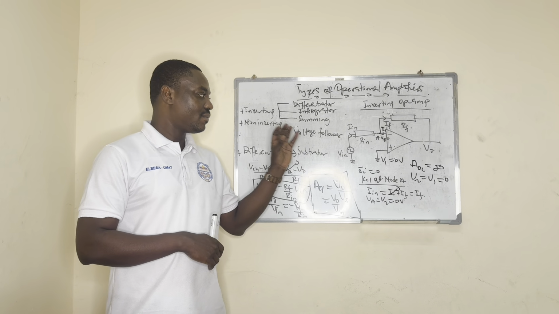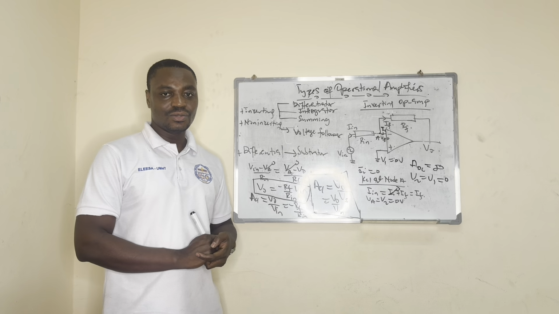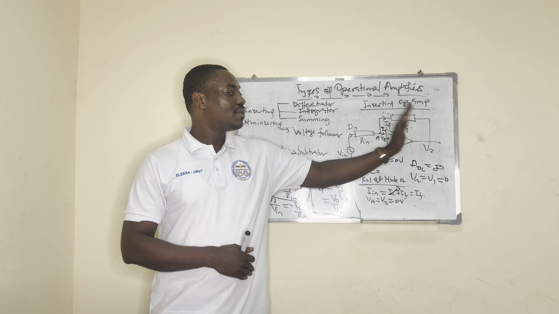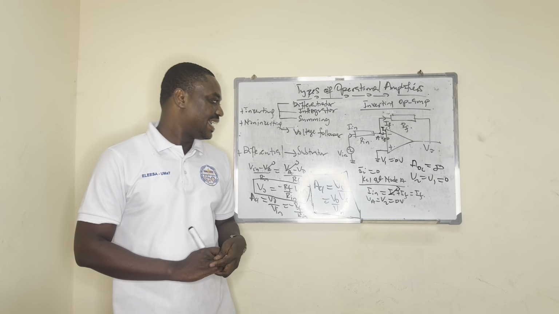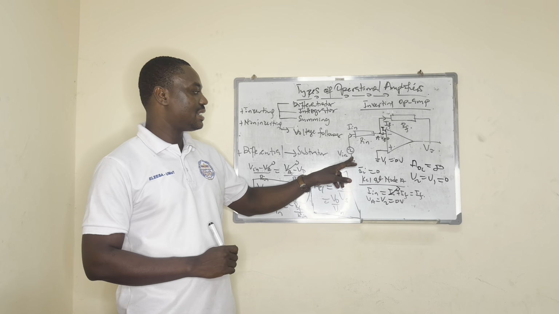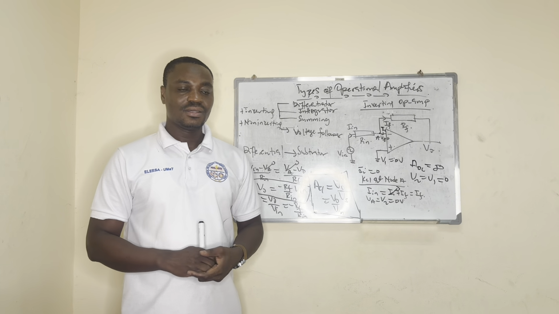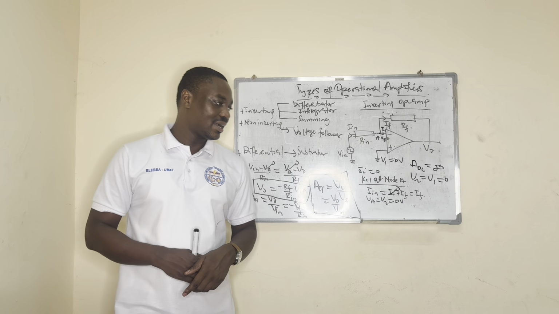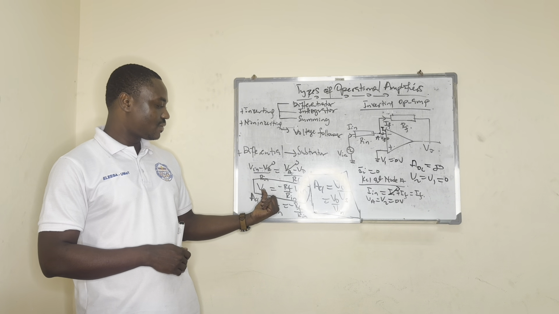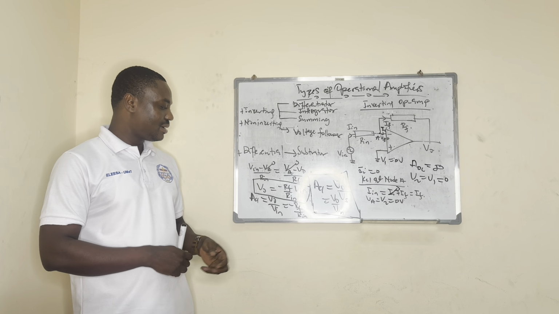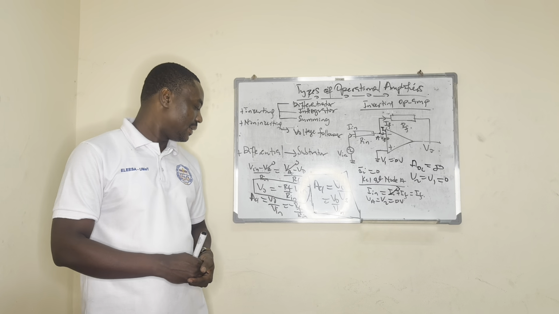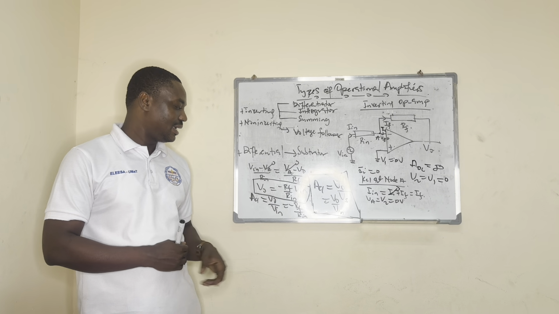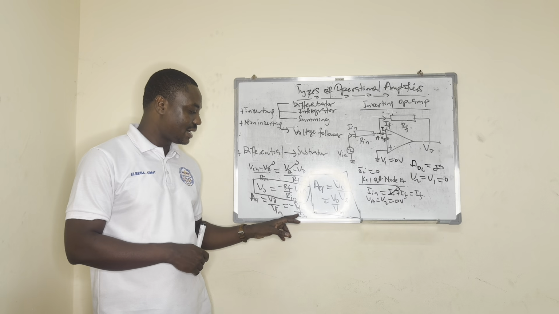So if we are abiding by that rule, you can see that the output signal here is VO, which is the output voltage, and the source signal is going to be V in. So we have VO over V in. We can go back to this formula and make VO over V in the subject. That will be our closed loop voltage gain, and that will be equal to minus RF over Rin.